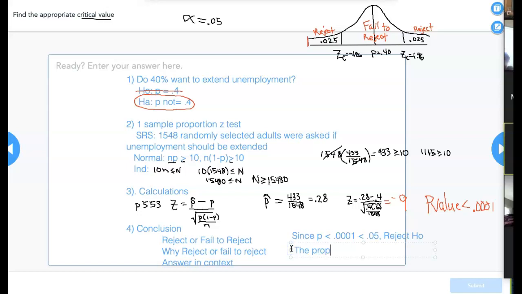The proportion that want to extend unemployment is not 40%. Sometimes, well, a lot of times we'll use the words, is there evidence or is there not enough evidence?